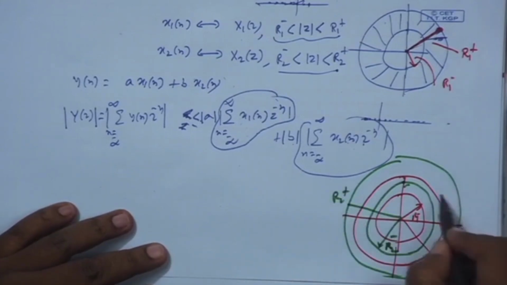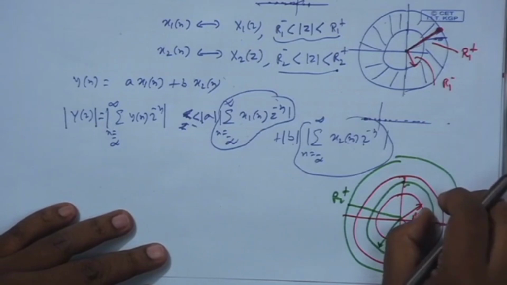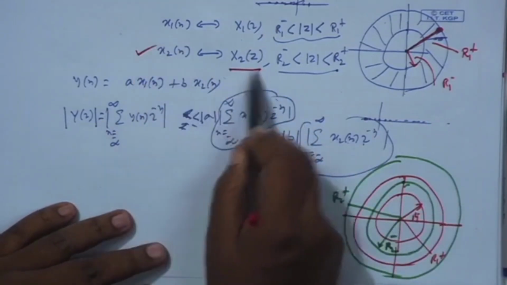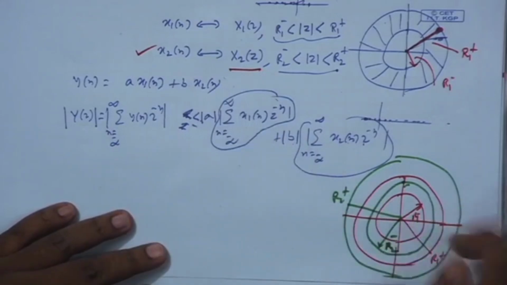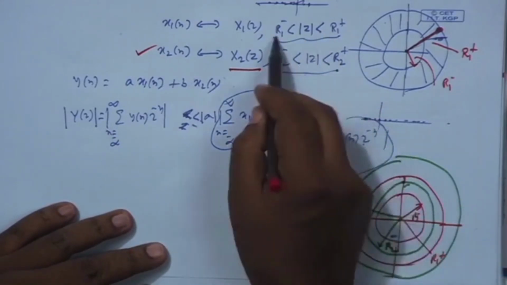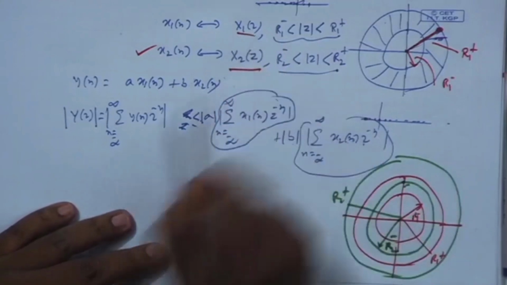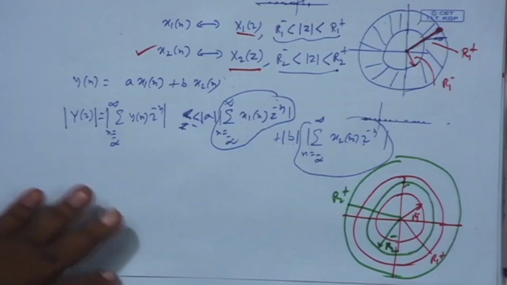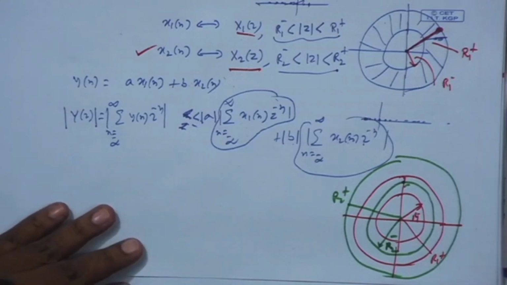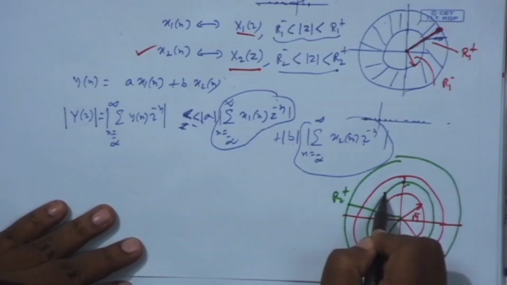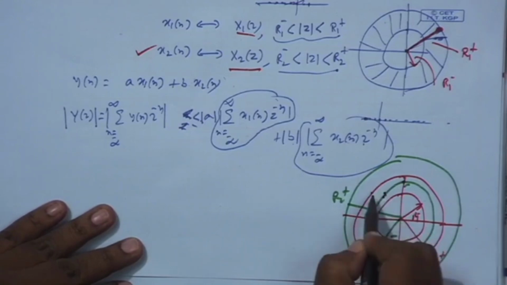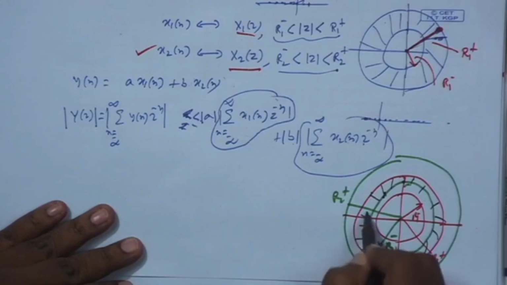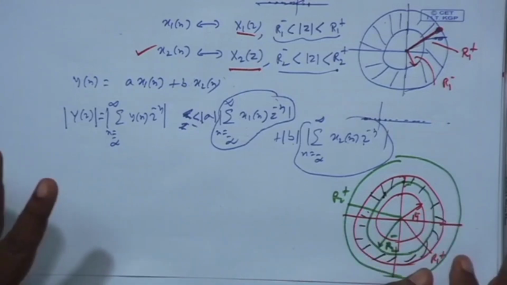So, you see in one case you have got this green, between these two green circles there is one region, that is the ROC for this guy, and between the two red circles R1 minus R1 plus, you have the ROC of this guy. But there is an intersection, there is an overlap, common area between the two, and this common area is from this inner green circle to the outer red circle, this is the intersection between the two ROCs.